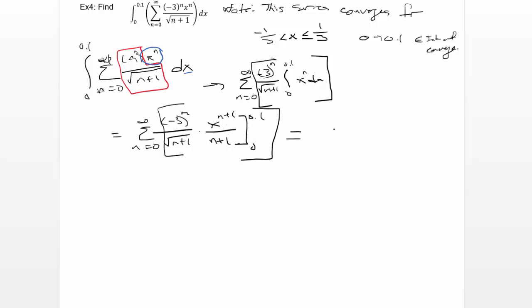So I think an expression that would tell us how to calculate the value of this integral is the sum from n equals 0 to infinity of (-3)^n times 0.1^(n+1) over (n+1) times the square root of n plus 1. This is a convergent series. It converges to some value.